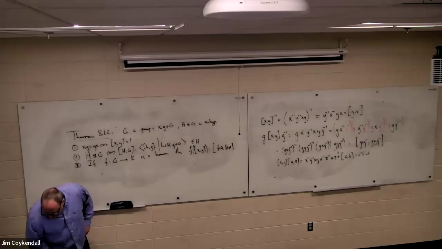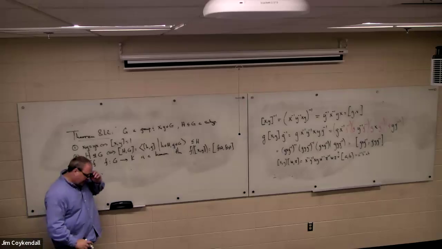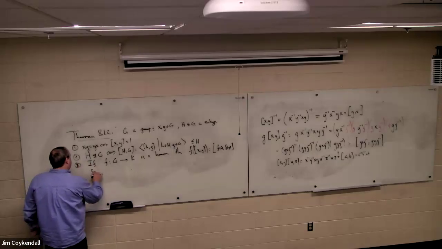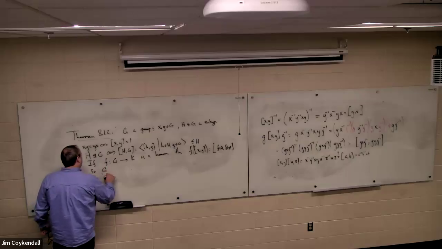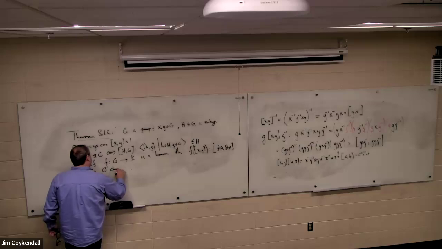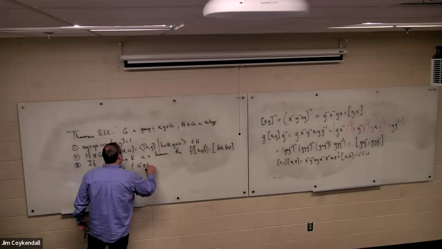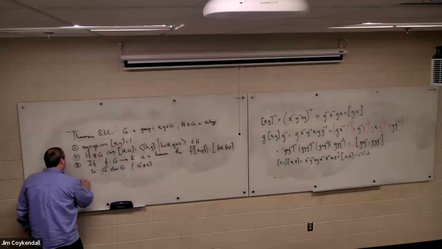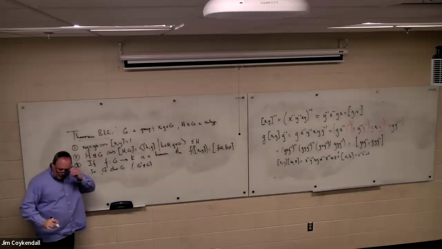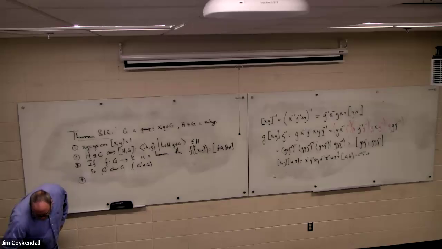So in particular, G prime is a characteristic subgroup. The commutator subgroup is characteristic in G, and so in particular, G prime is normal in G. That's another route. You actually showed the commutator subgroup is normal in your homework.